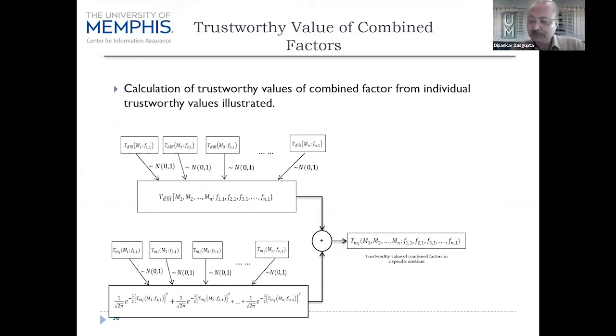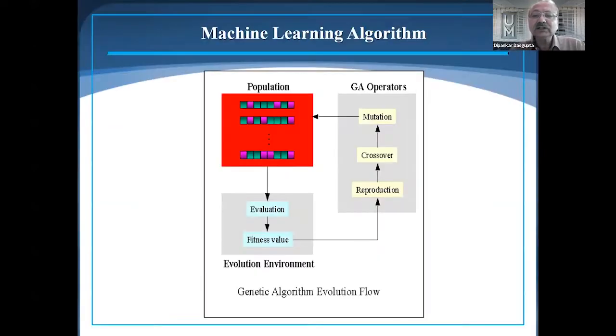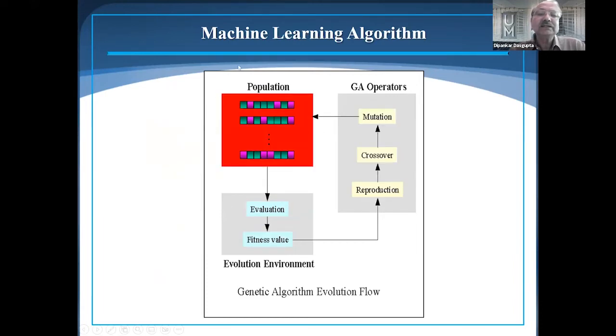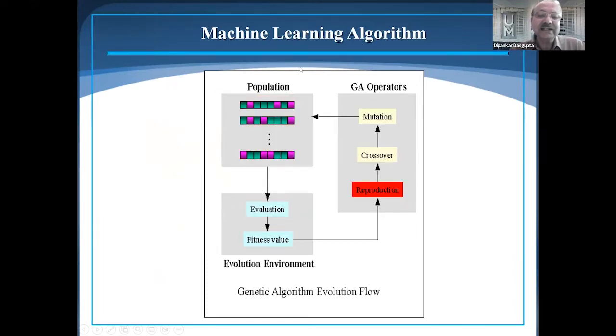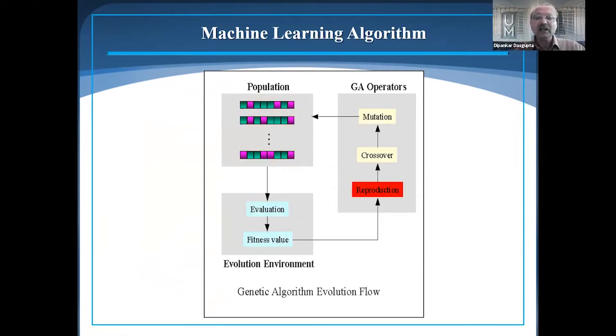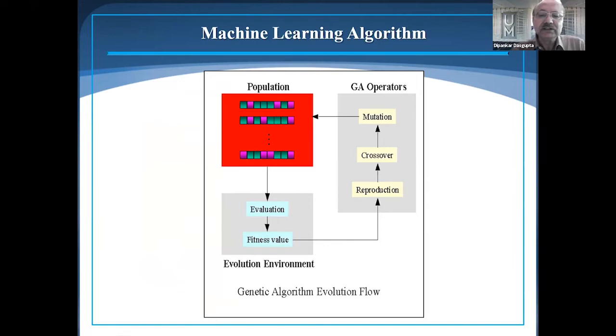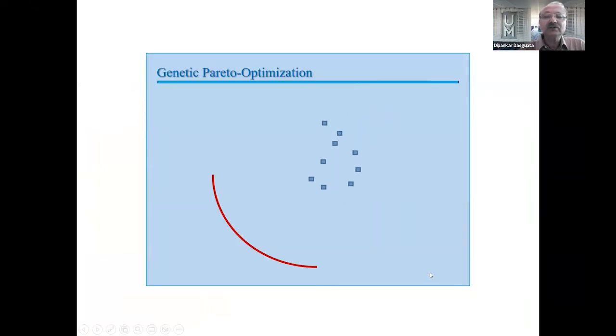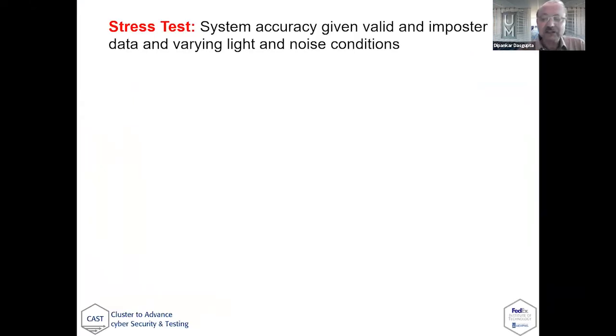Then we used a method called evolutionary computation, or genetic algorithm, where there is a population of candidate solutions. In this case, the candidate solutions are the possible factors that can be used under the current situation. It will evaluate them and come up with a subset of solutions. We call it the Pareto optimal solution.